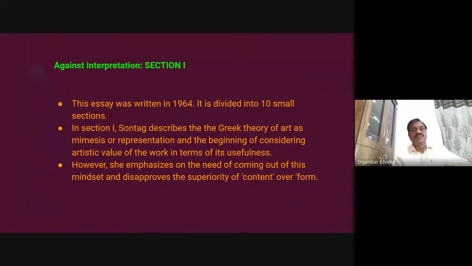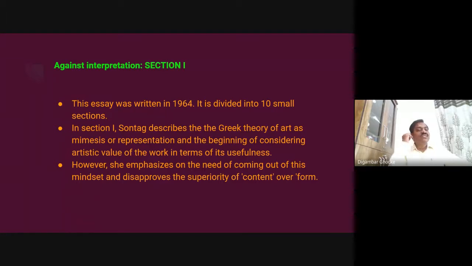This essay was written in the year 1964, and it is divided into 10 small sections. So we shall have a section-wise discussion.